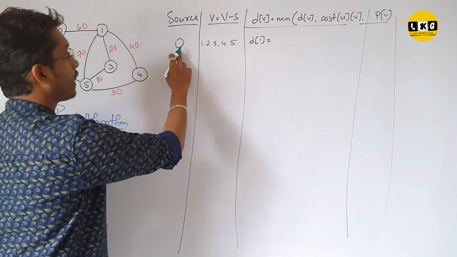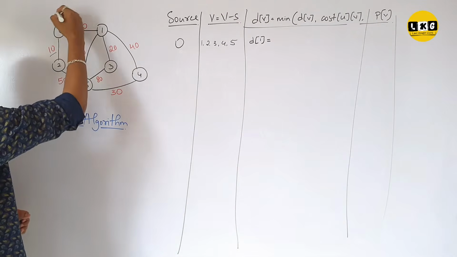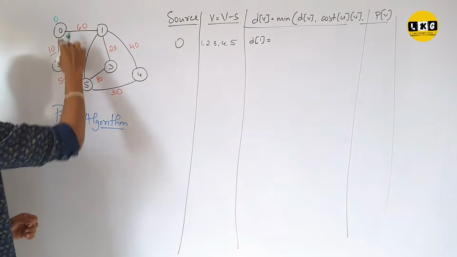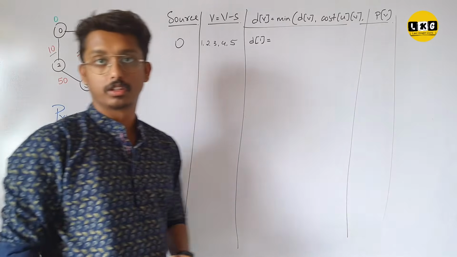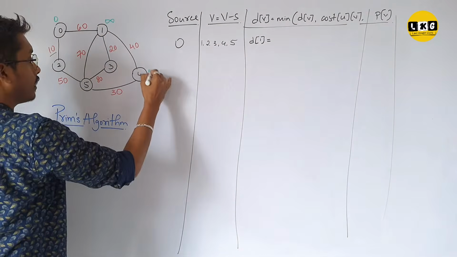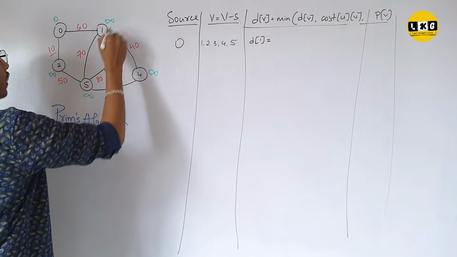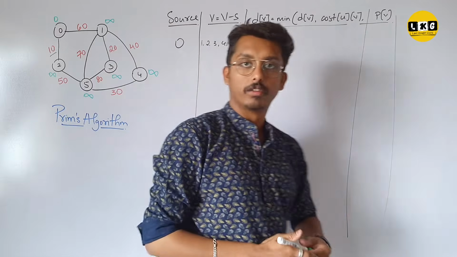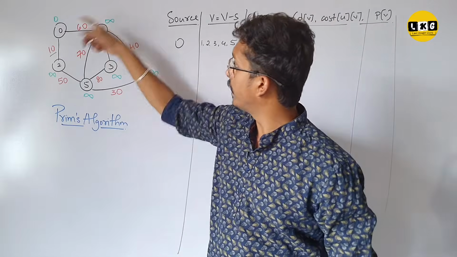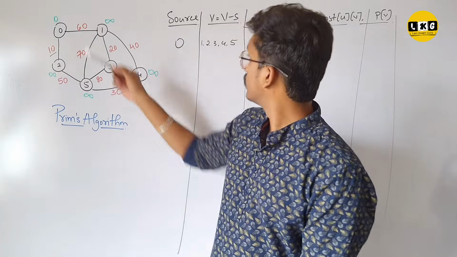Whenever you take a source, the cost of the source will be 0. Every other node's cost will be infinity before solving. With this we will try to solve.